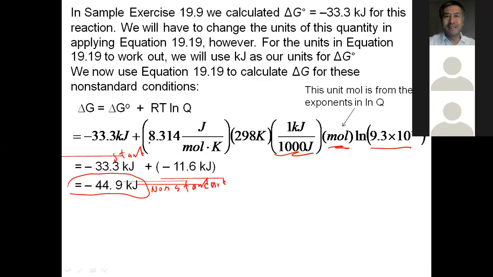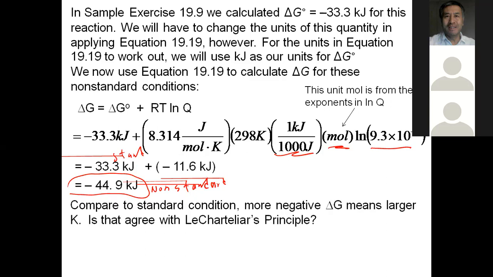For this particular question, our delta G becomes more negative under the non-standard condition, negative 44 compared with negative 33. If delta G is more negative, our reaction favors more product.